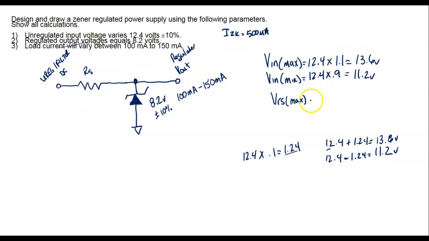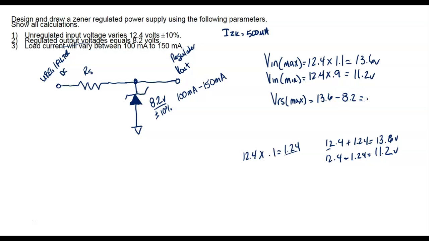It would be the maximum voltage, 13.6, minus this right here. So we're using what law? We're using Kirchhoff's law. That says the voltage in a series loop has to equal the defined voltage. So we know this is dropping 8.2. So this guy right here is going to drop whatever's left, right? You all understand? So this is going to be 13.6 minus 8.2.